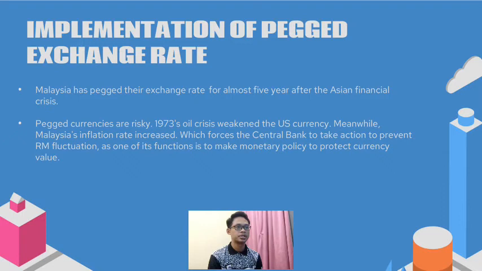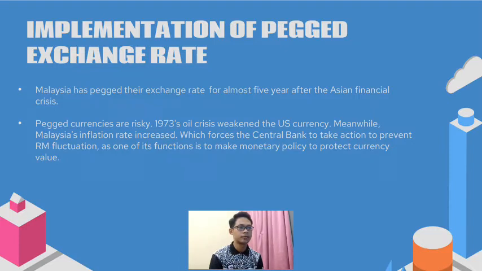Malaysia has pegged its currency and maintained a fixed exchange rate for over 5 years now. The practice of pegging the currency of one nation to that of another is fraught with significant danger. The value of the US dollar began to fluctuate significantly during the oil crisis that occurred in 1973.